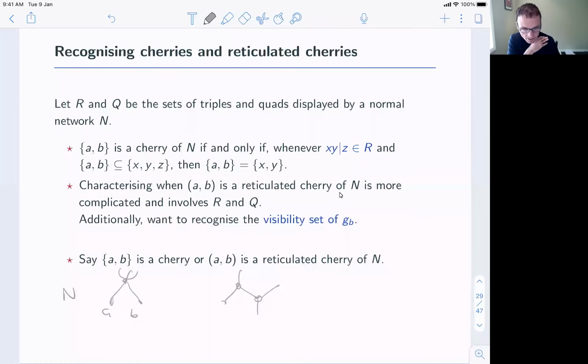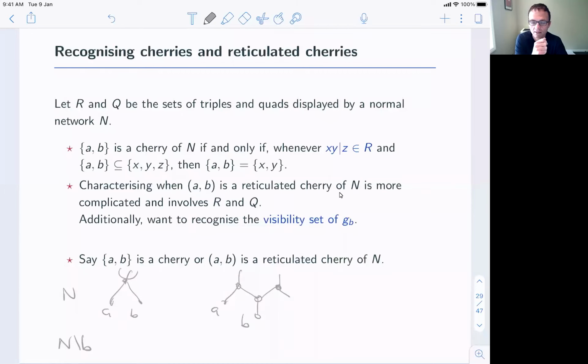And I was to delete B to get N1, N delete B. How do I find the triples and quads of N delete B? Well, I simply throw out any triple that contains B as a leaf, and any quad that contains B as a leaf, and I'm done.